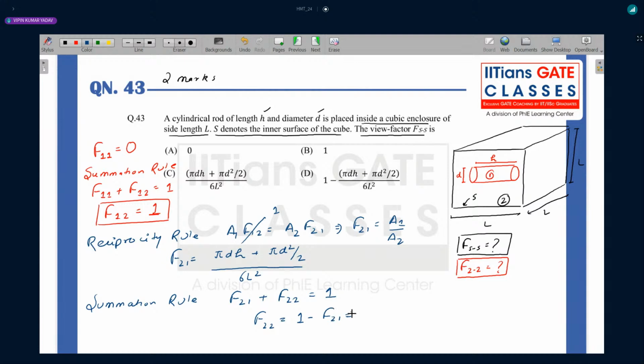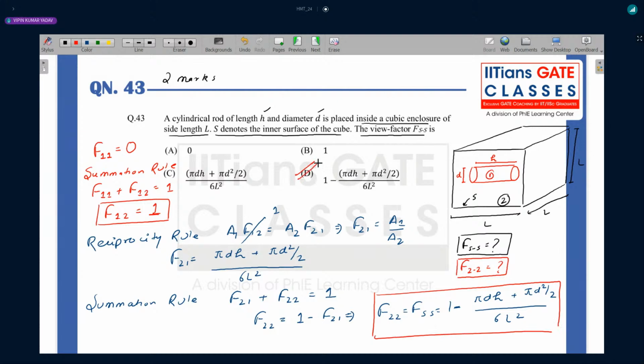Therefore I can write F22 or FSS is equal to 1 minus (pi D H plus pi D square by 2) by 6L square, and this is correct. So option number D is correct. I hope it is very clear. There should not be any doubt in this.